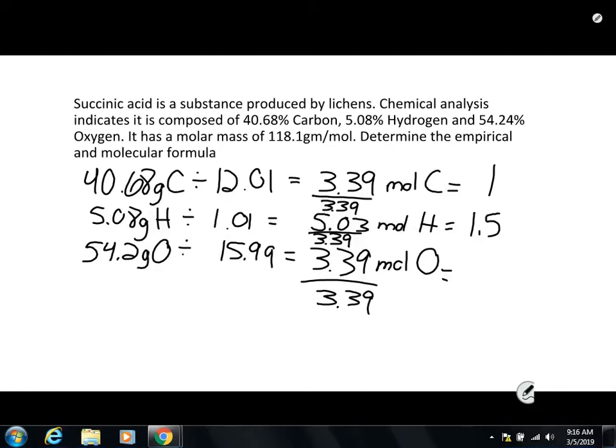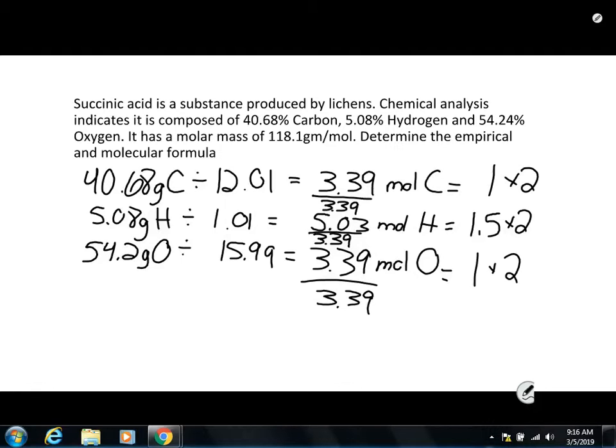And then I have 1 oxygen. So what am I going to multiply each of these by to make a whole number? I'm going to multiply by 2. Cheyenne? By 2, because we want to make everything a whole number.